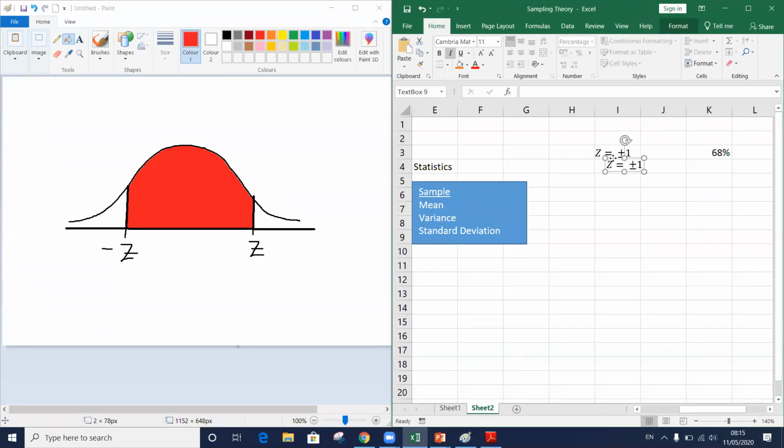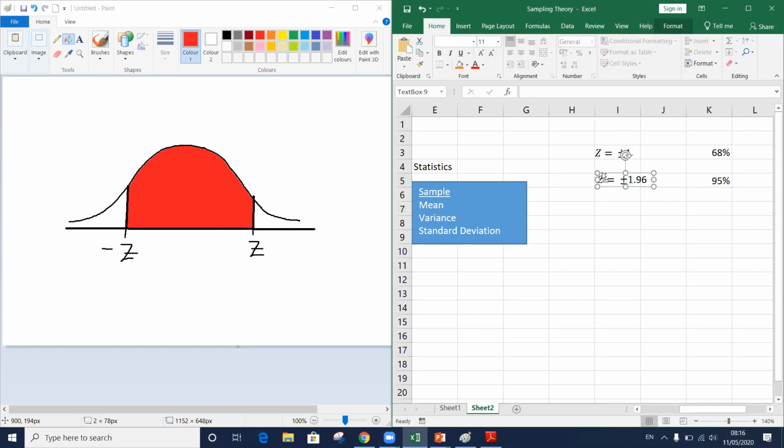If you apply 1.96 in place of the positive and negative z values, the probability value you will get will be 95%. We put 1.96 here and minus 1.96 here, and when we find the probability for this range we get 0.95, or we can say 95%.